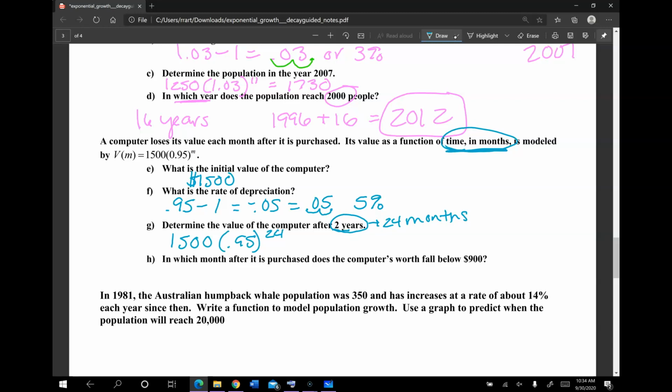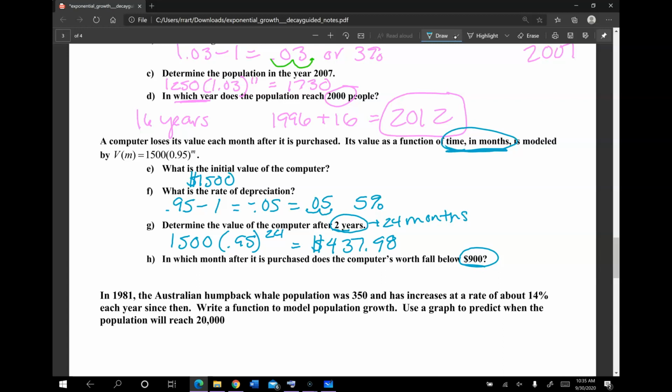So use decimals, use your computer or your calculator, raise it to the 24. So after 24 months, the computer will depreciate to a value of $437.98.